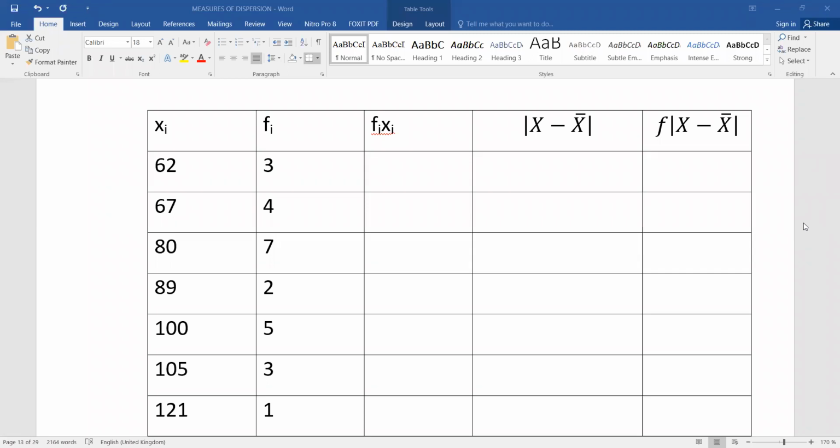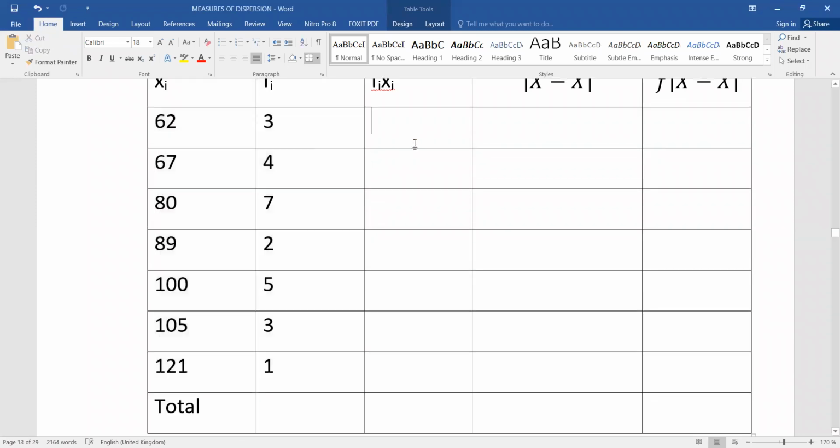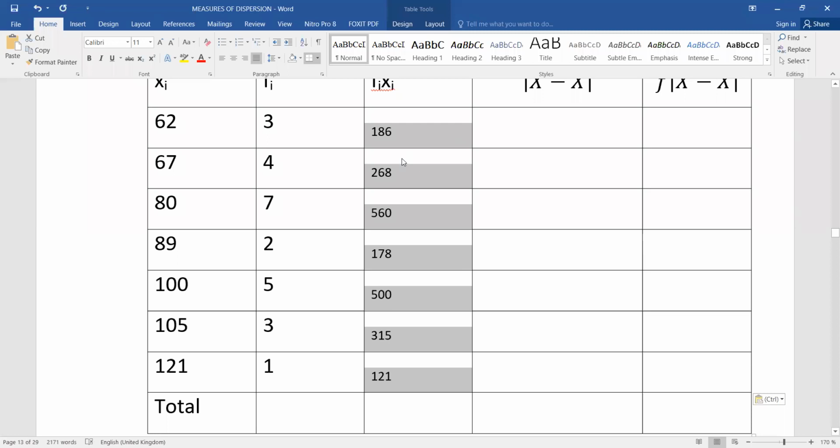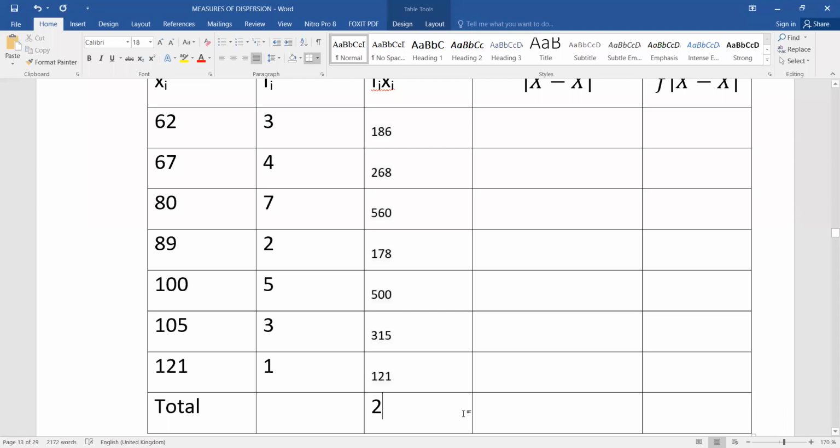So let me share with you my values and divide that by 28. Let me first share with you my values. So the values are those values. When I add, I will get 2128.